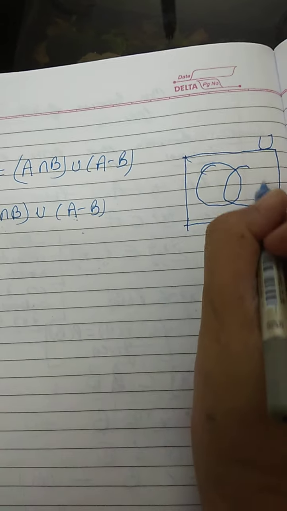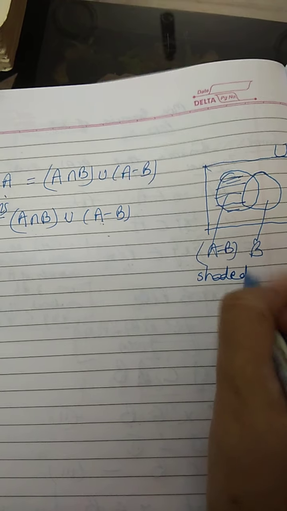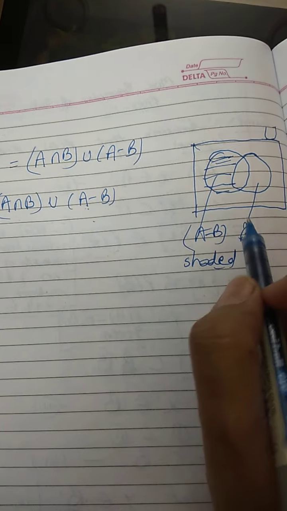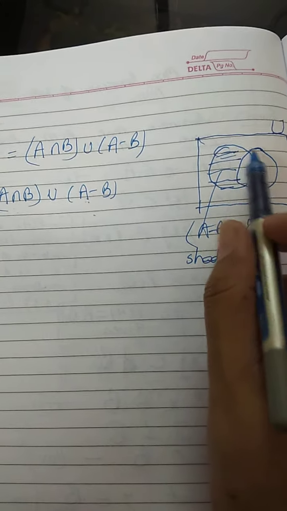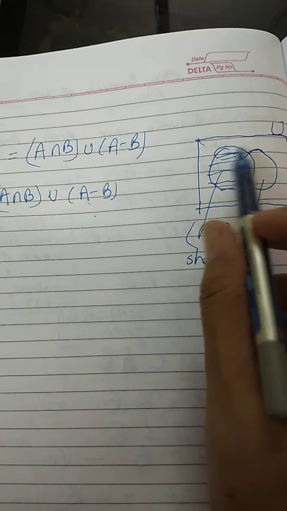This is our A minus B. So the shaded part is A minus B, and the complete circle is set A. Now this A minus B set, what does it mean? If I take the intersection of A with B complement, what is B complement? B complement means everything except the set B.